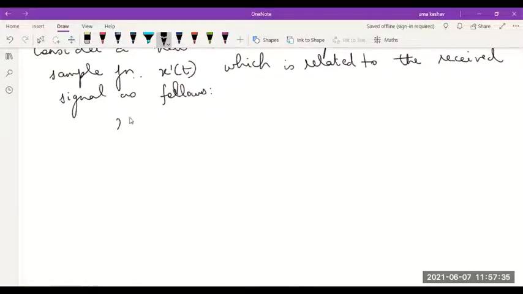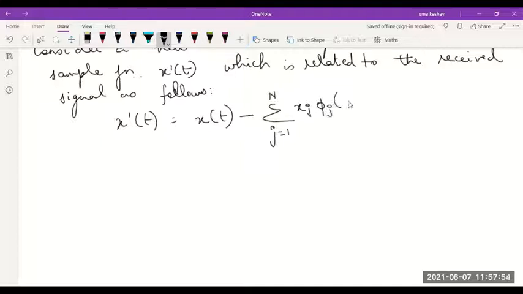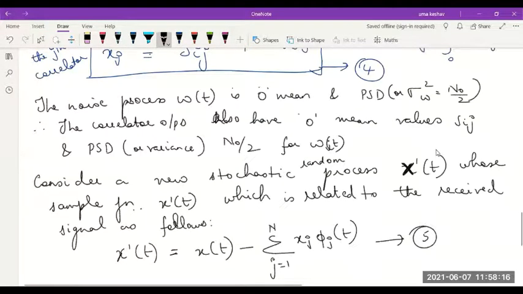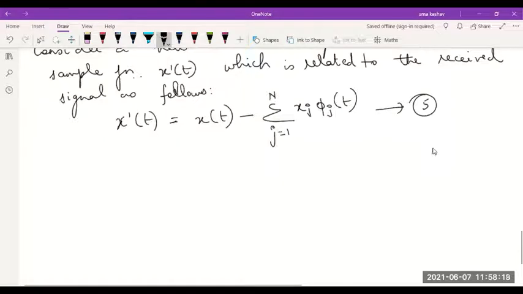I'll say x dash of t should be, this is the received signal x of t, from which I'm going to subtract just the summation of the product of this received signal xj with the orthonormal basis function phi j. So what happens if I consider a new signal which is having this kind of relationship with the received signal? Let me call this equation 5. This is just a consideration which will give us the correct end result or the relationship. Okay.